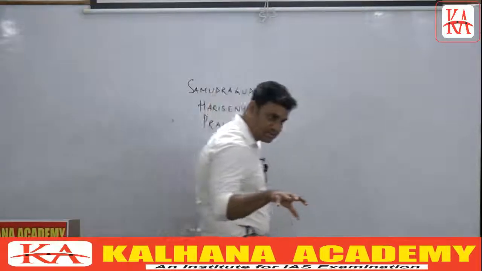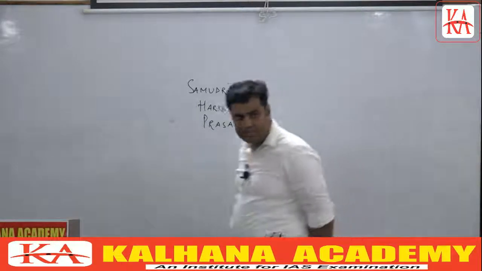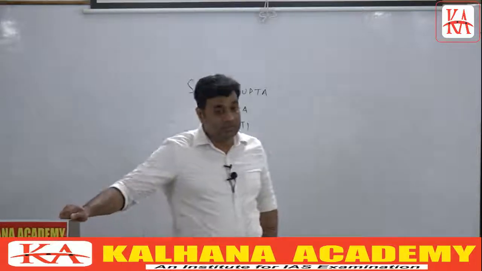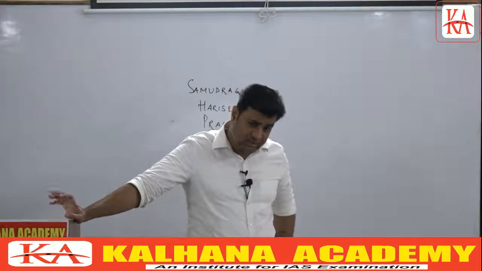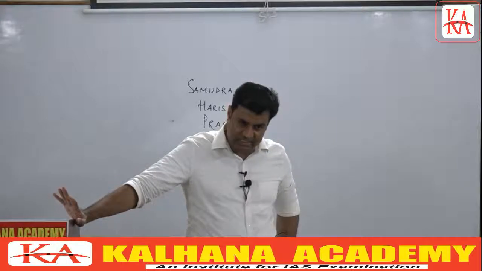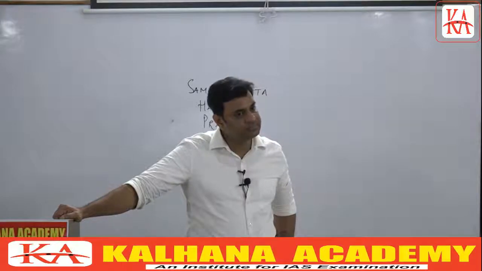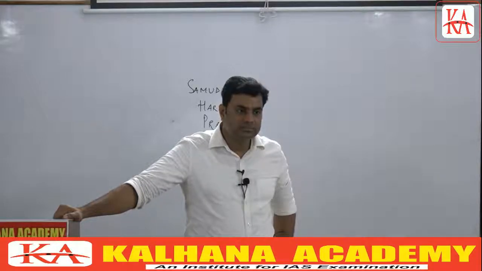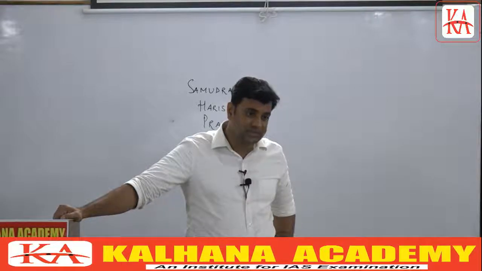In this account, Harishena has written 33 lines in pure Sanskrit. Gupta rulers patronized Sanskrit. He wrote them to highlight the military achievements of his patron.